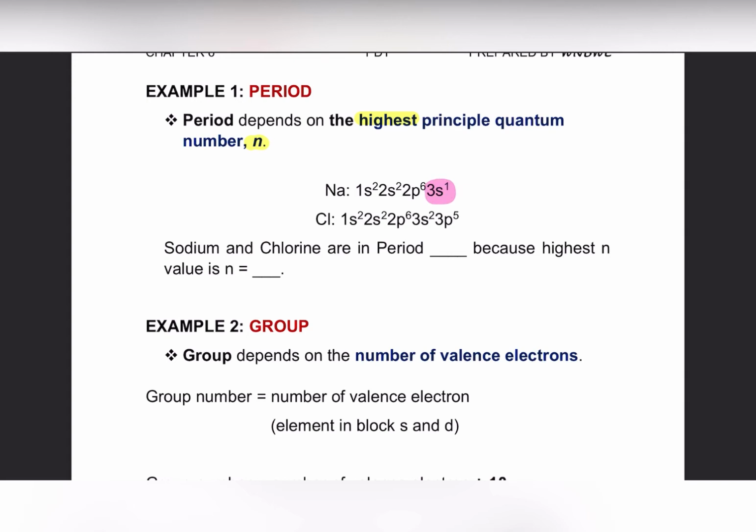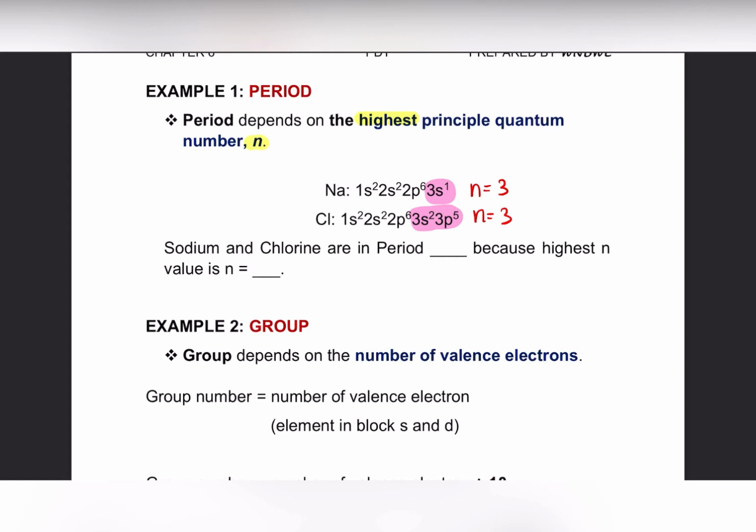Dan untuk chlorine, the highest n value adalah daripada subshell 3s2 3p5. So seperti mana yang awak lihat dekat sini, the highest n value untuk Na adalah n equals to 3. Dan sama juga untuk chlorine, n equals to 3. So, as you see here, what can you deduce from here?